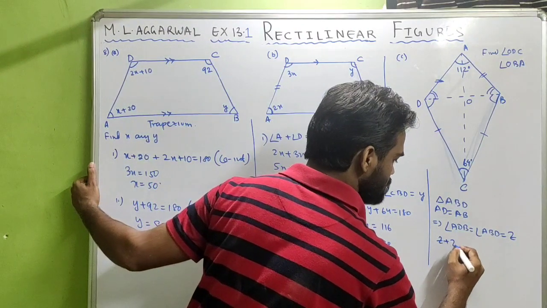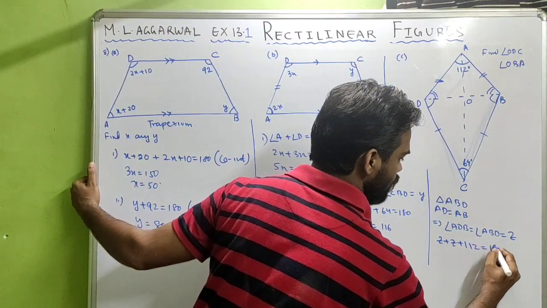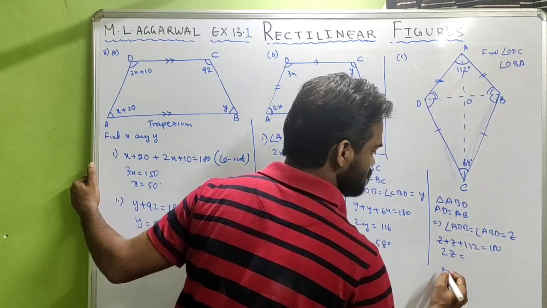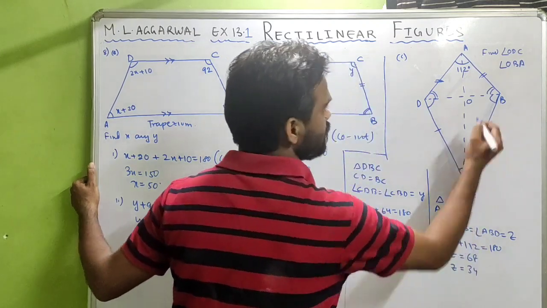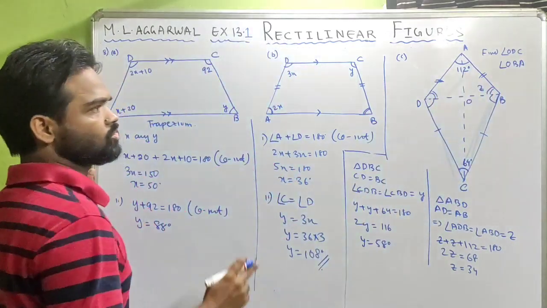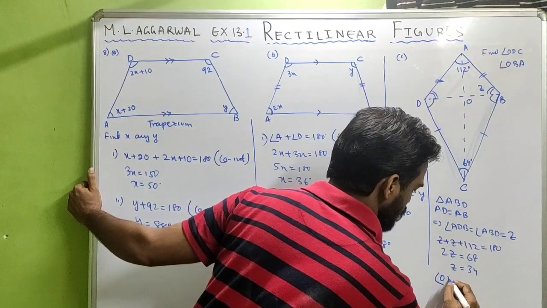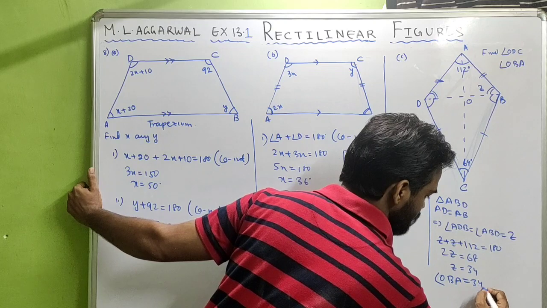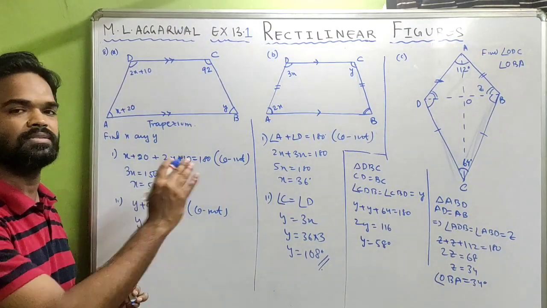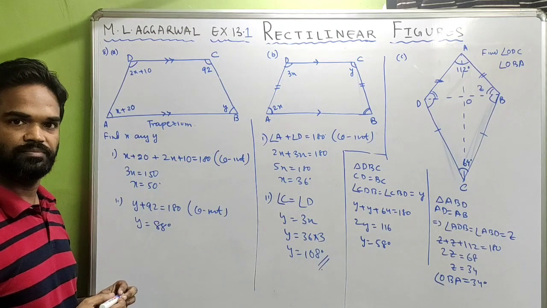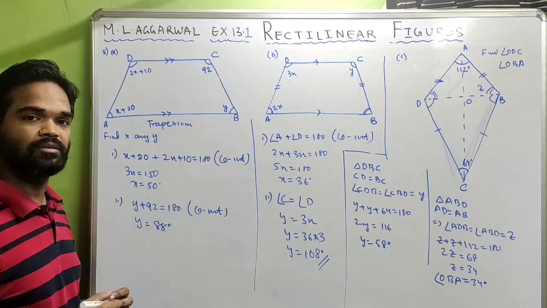So 2Z equals 68. So Z equals how much? 34. And this is what they have asked, OBA, which means angle OBA is 34 degrees. Just remember the properties. If you know the properties, sums will be very easy for you. Okay, now let us look at the next sum.